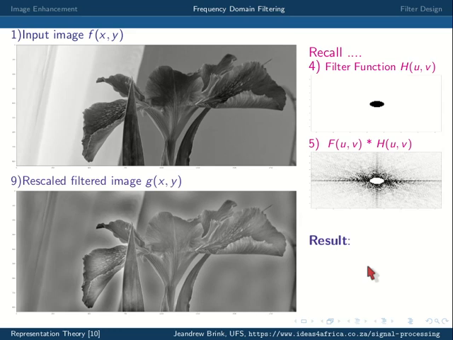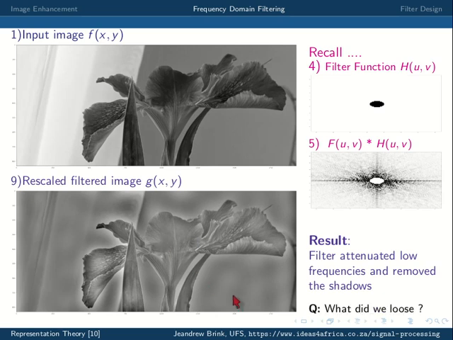Okay, and so the basic result of this particular filter is it attenuates low frequencies, and what it does is it removes shadows. Okay, it may not necessarily be a better image to your taste, but there are certain features that it highlights and others that it suppresses, and all filters do that.